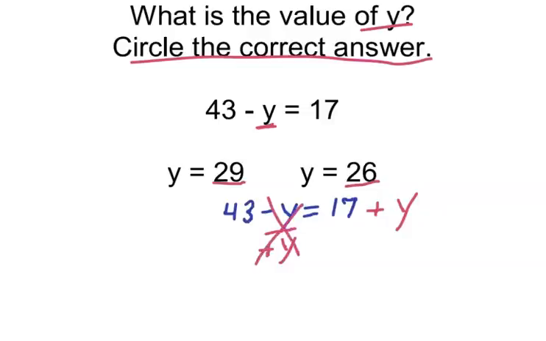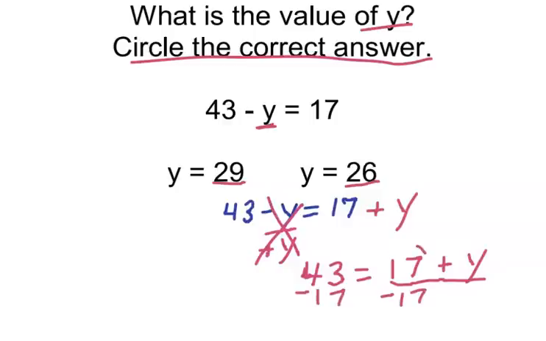All right, so now we're left with 43 equals 17 plus y. And if you guys remember, we have to do the opposite operation to get the y, or the variable, by itself. So since this is addition, we are going to subtract 17 from both sides.